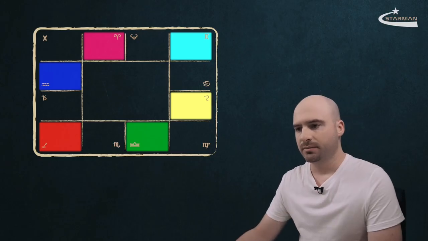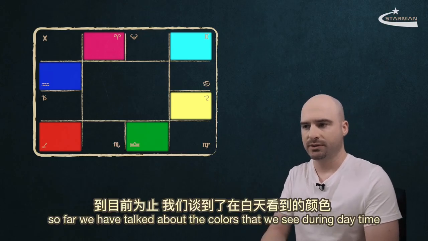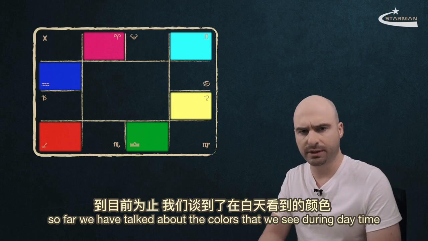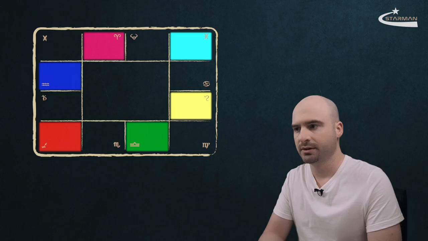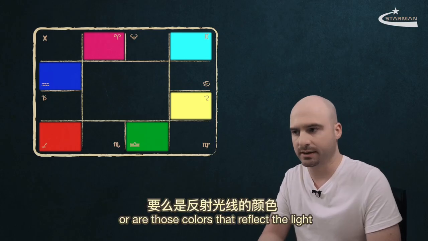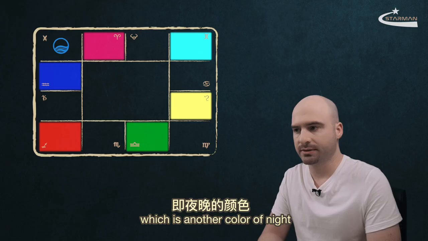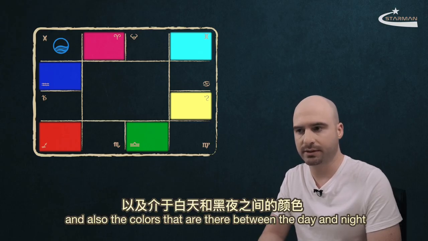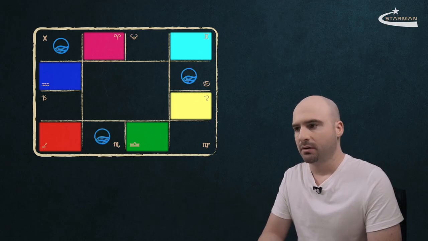So far we have talked about the colors that we see during daytime, right? Either they are actually the colors of light, or they're those colors that reflect the light. But what about when there's no light, which is the color of night, and also the colors that are there between the day and night, which are the colors of twilight, right?